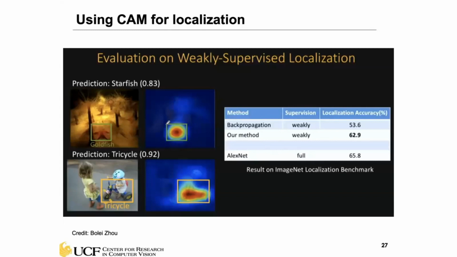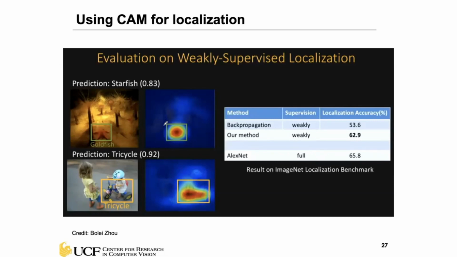Then we can actually leverage this information to localize. So basically, this is a heat map with values between 0 and 1, 1 being close to red. What we can do is set up a threshold, maybe let's say 0.6 or 0.7.